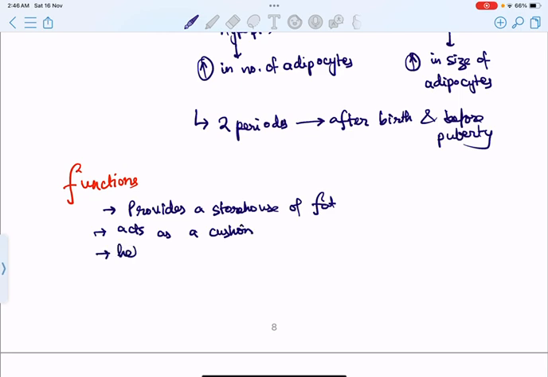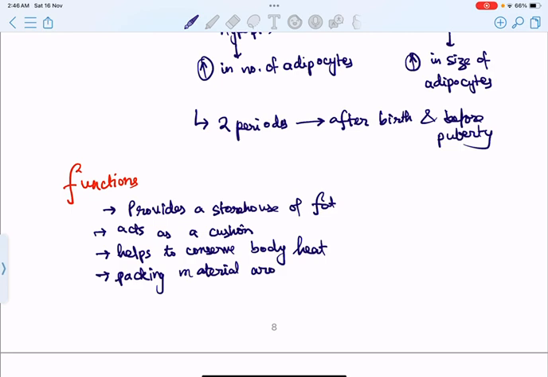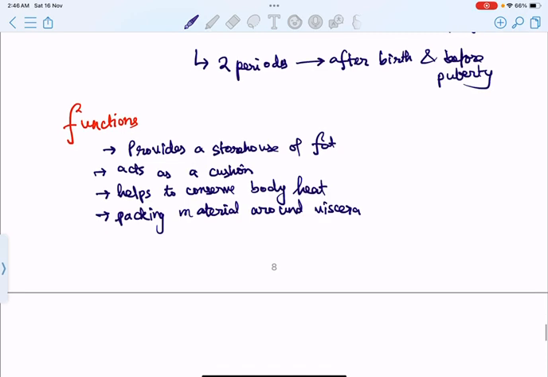Helps to conserve body heat, mainly by the brown fat. Packing material around viscera. Then distribution.